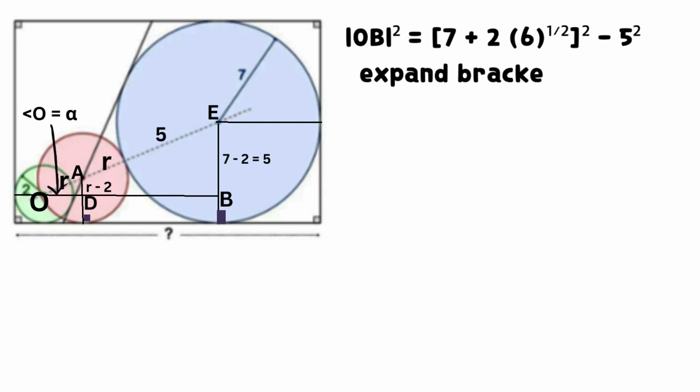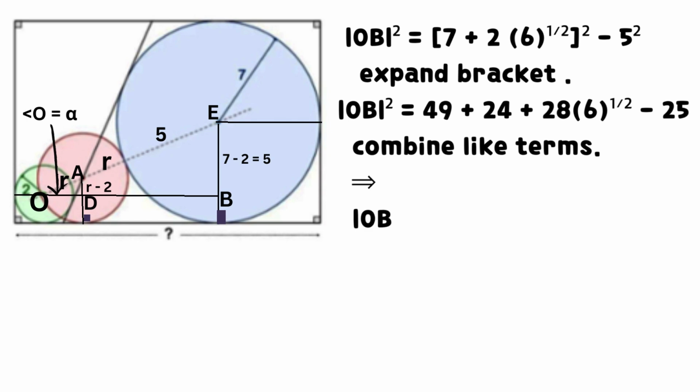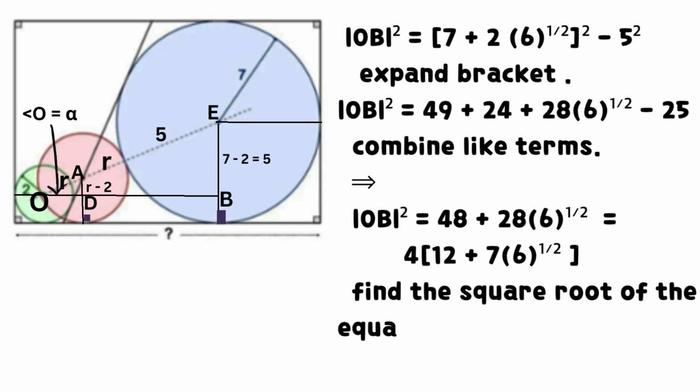The square of line OB equals the square of (7 plus 2 times the square root of 6) minus the square of 5. Expand bracket, combine like terms and simplify. We have that the square of line OB equals 4 times (12 plus 7 times the square root of 6).